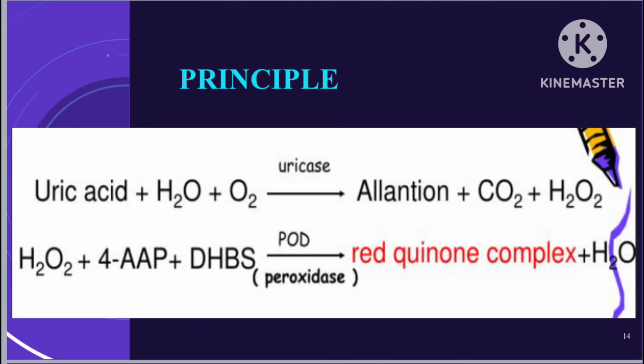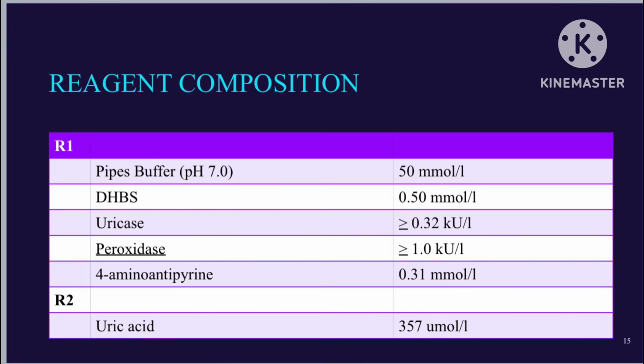The reagents for this class is already in liquid form and it's ready to use. The reagent composition are as follows. By the way, there's no need to memorize the values. You only have to know what are the composition for R1 and what is found in R2.